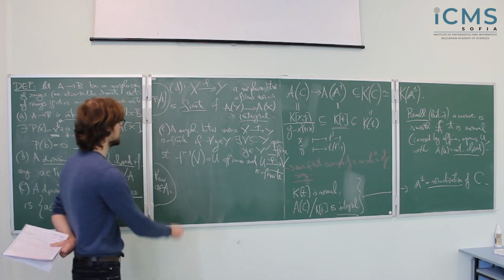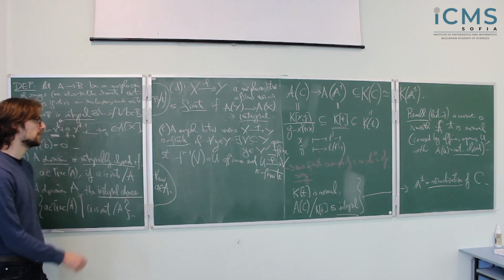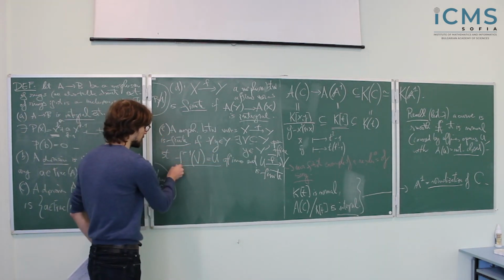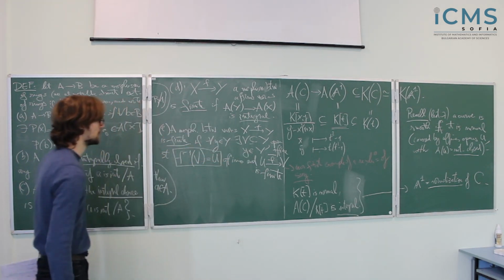So in order to define the general notion of finite morphism, I need to go back to affine covers, but with this extra condition, which is a very special one.